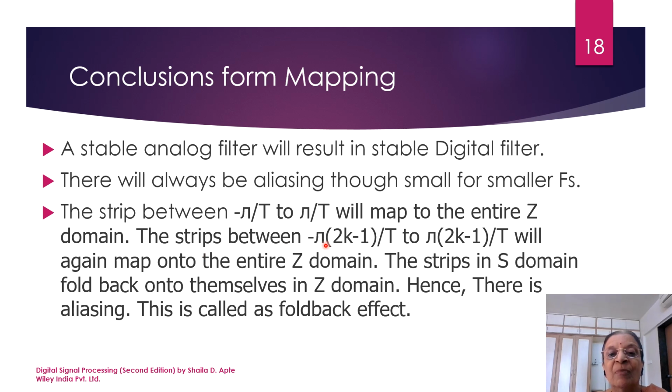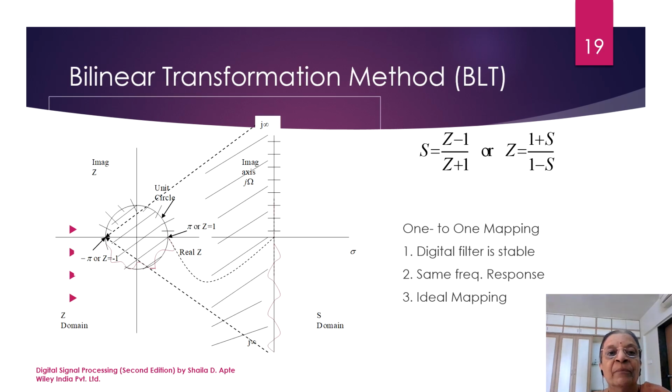The strips between minus (2k minus 1) pi by t to (2k minus 1) pi by t will again map onto the entire z domain. The strips in the s domain fold back onto themselves. This is what is called the fold back effect, and because of this there will always be aliasing. So the impulse invariant method is good for low pass filters, but it should not be used for high pass filters and band pass filters because it will result in a high amount of aliasing.